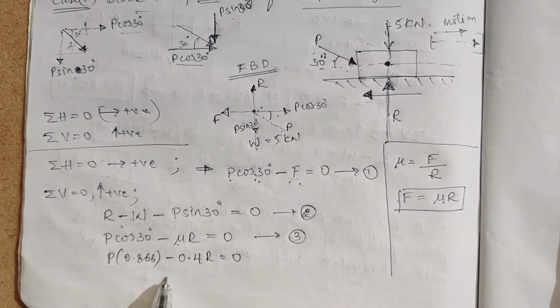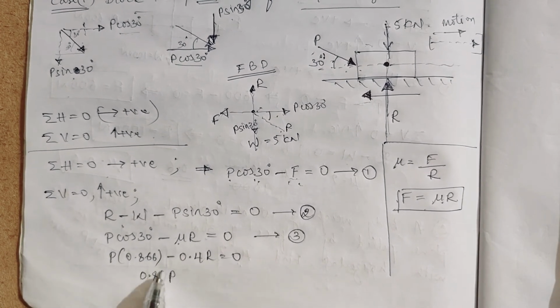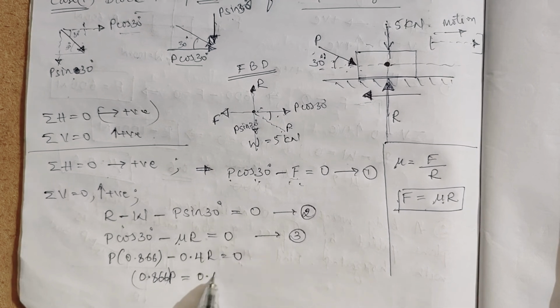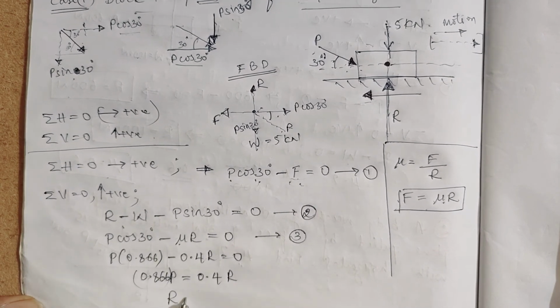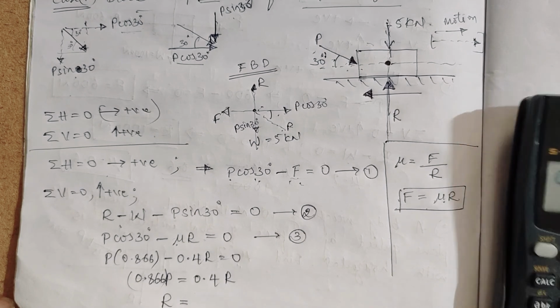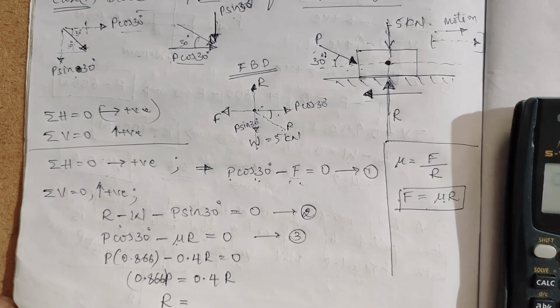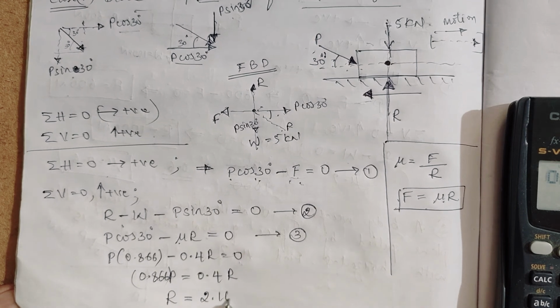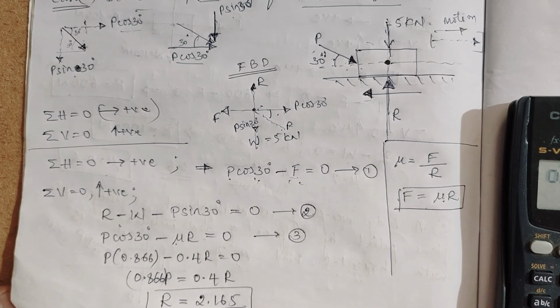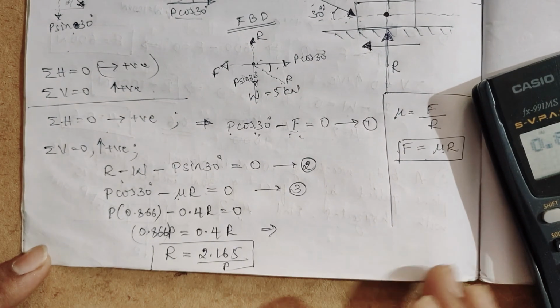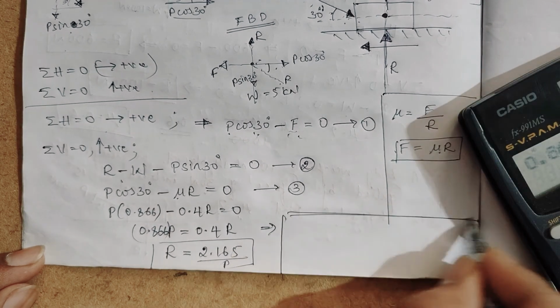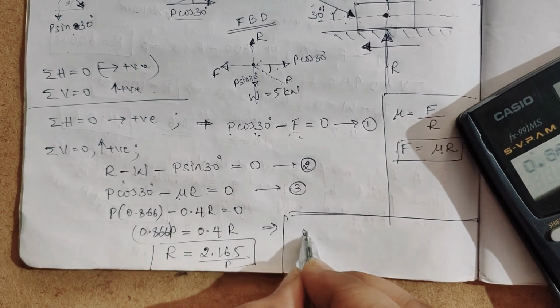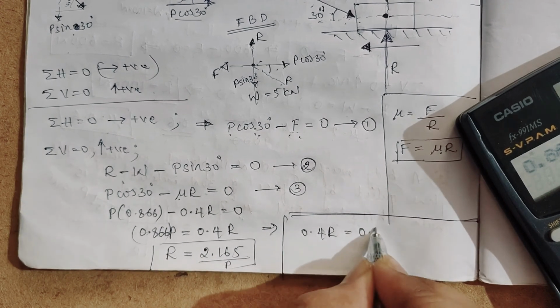So 0.866 P is equal to 0.4 R. Don't bring division into the calculation, so 0.4 R is equal to 0.866 P, right?